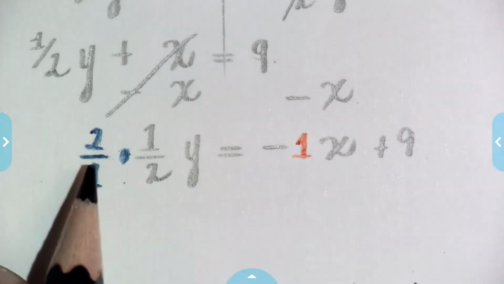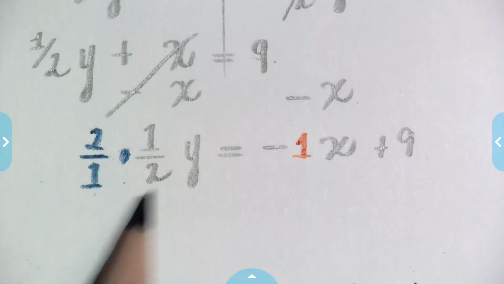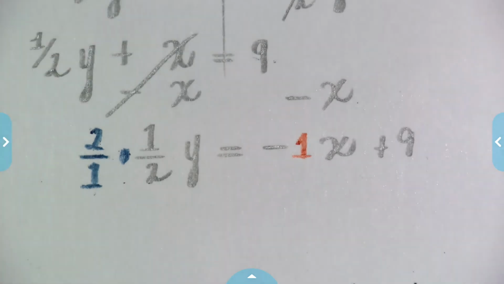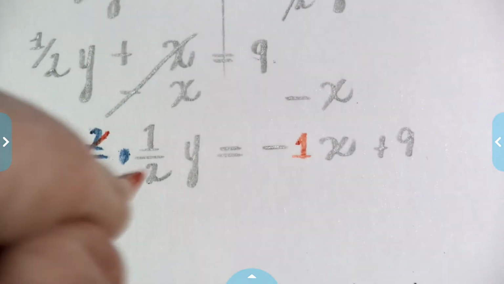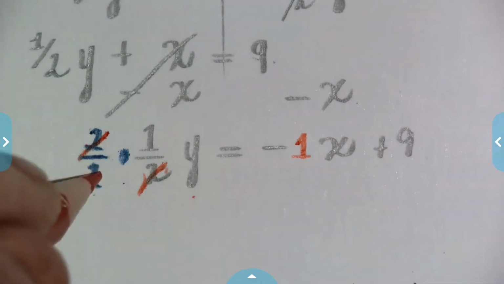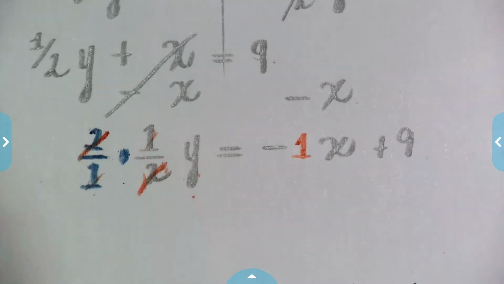On the left side, I need to multiply by the fraction 2 over 1 since I have a fraction here. And that allows me to cancel these 2's, which successfully isolates y by itself because the ones don't matter. And so y is alone on the left side now.